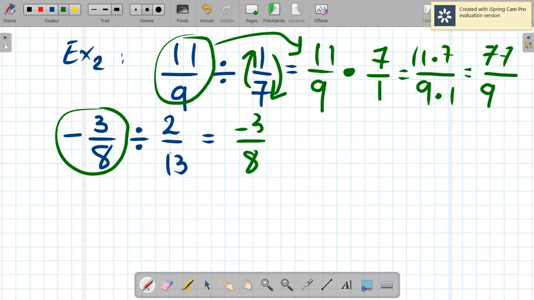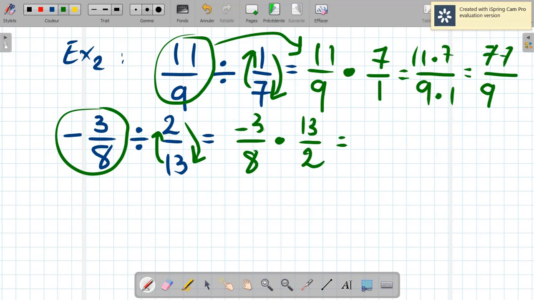Then you invert the second rational number, you flip between 2 and 13, the numerator and denominator, so you exchange their places. So it becomes 13 over 2.